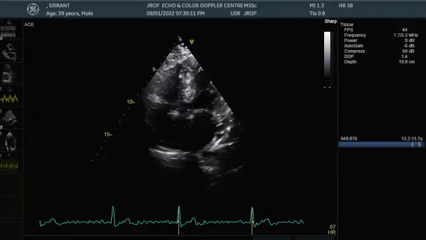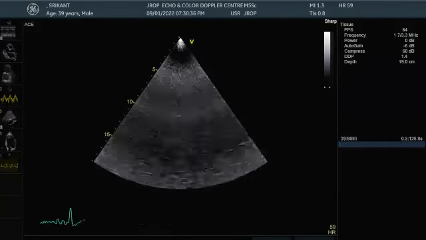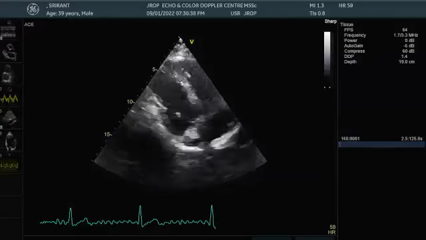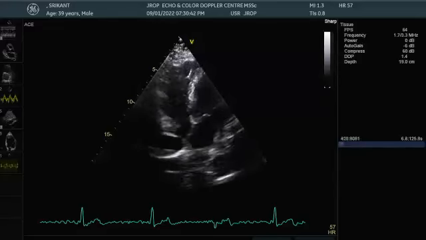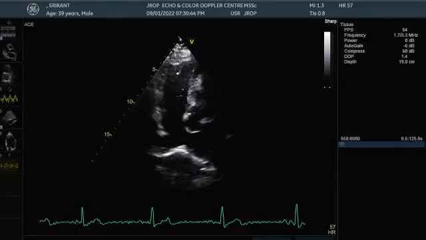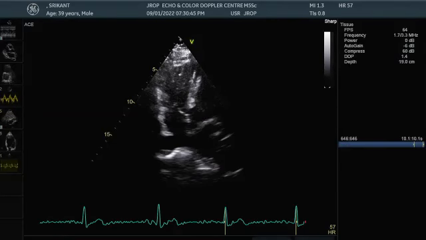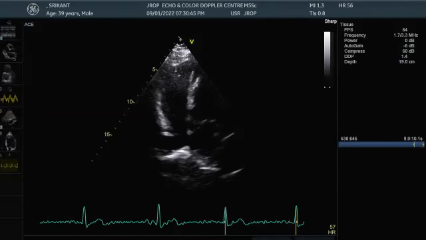Be sure about it, there is no flow of blood, otherwise this will be the left upper and lower pulmonic veins, because even the pulmonic vein comes from the same place. But be very sure about this point: this is the LA appendage. Here the pulmonic vein is not seen. This is for sure the LA appendage in short axis view.